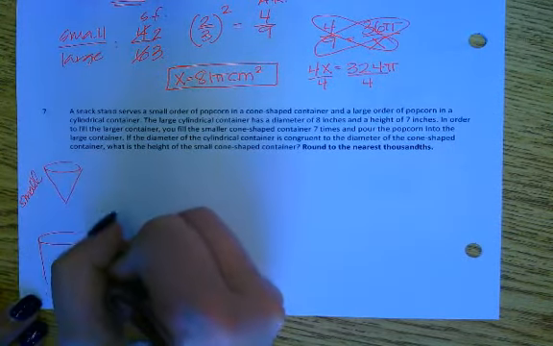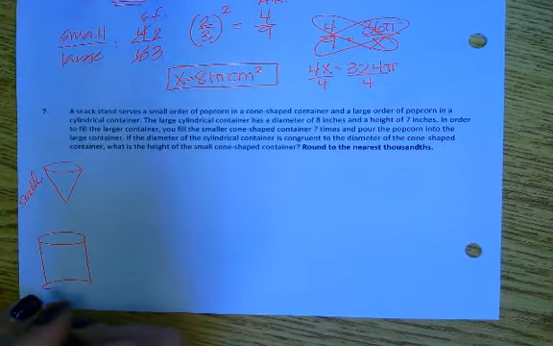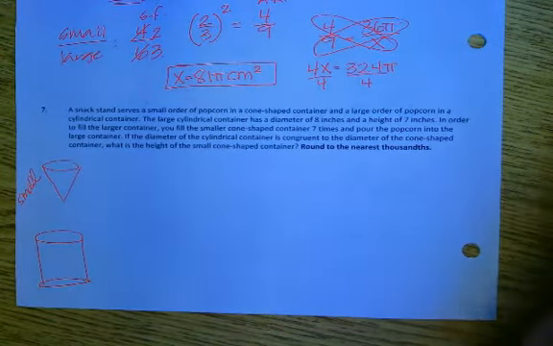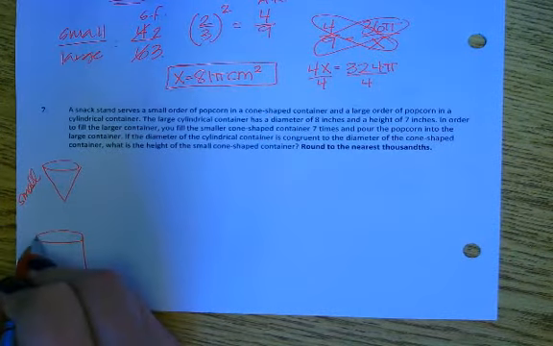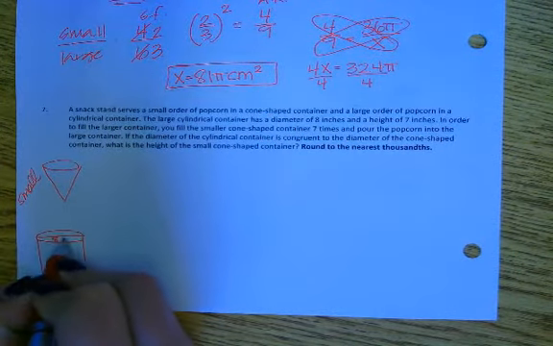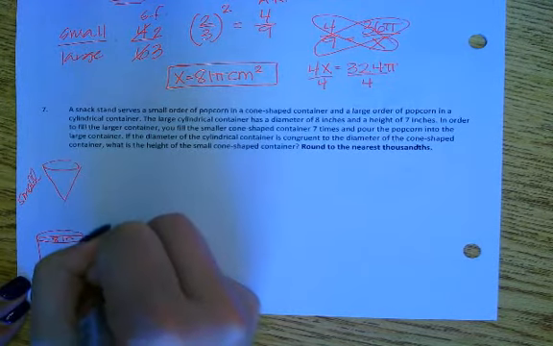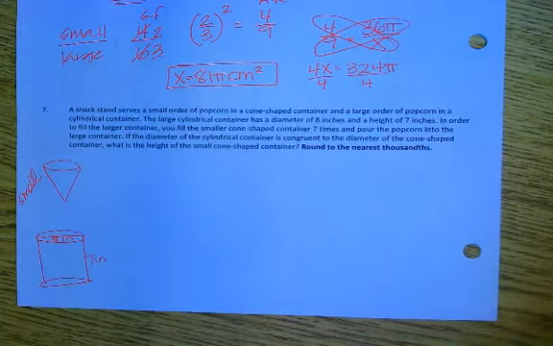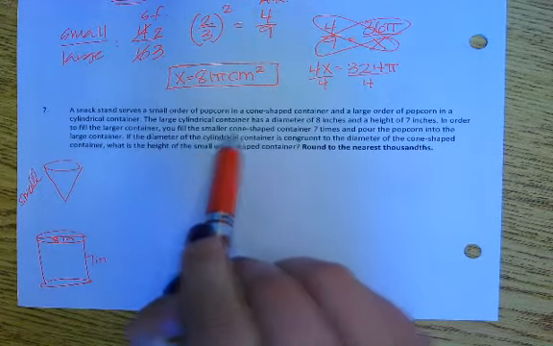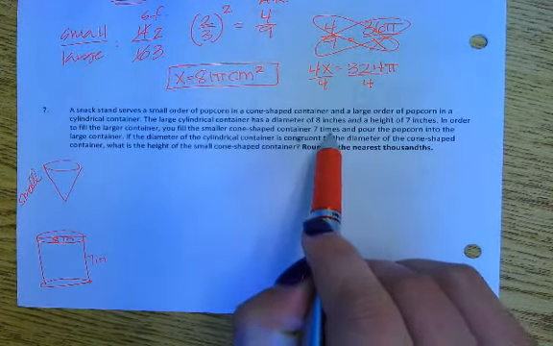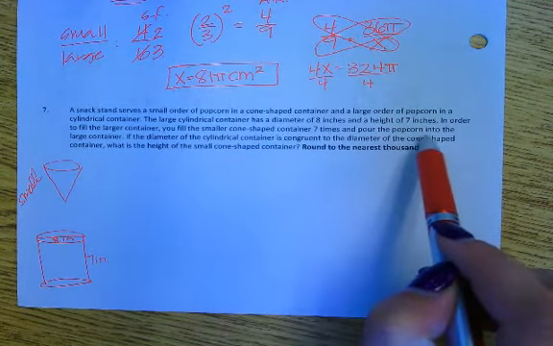The large cylindrical container has a diameter of 8 inches and a height of 7 inches. In order to fill the large container, you fill the small cone-shaped container 7 times and pour the popcorn into the large container. So this times 7 equals my cylinder.